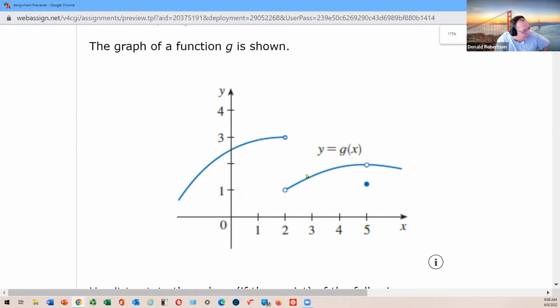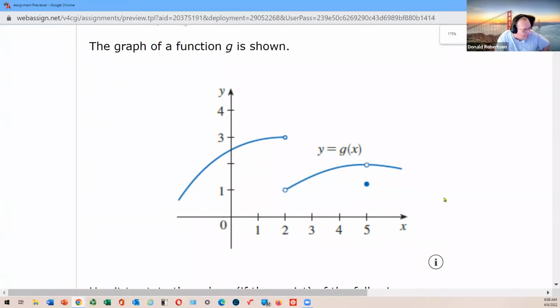For those who are not so sure yet, here's the 2 I'm talking about. If you're doing a right limit, it's a 2 plus. You're coming in on the right-hand branch, and the height is 1. A left limit at 2, you're coming in from the left side, and that's 3.